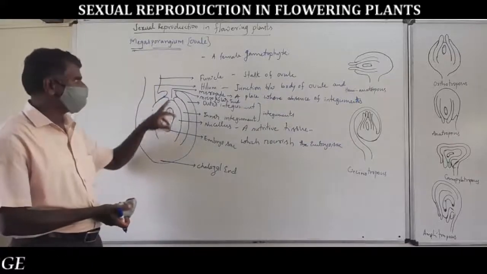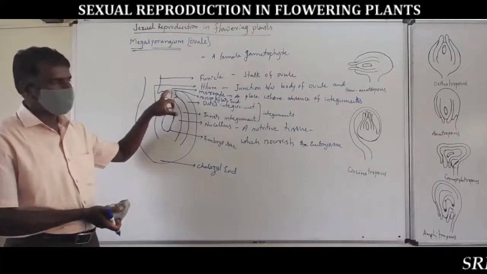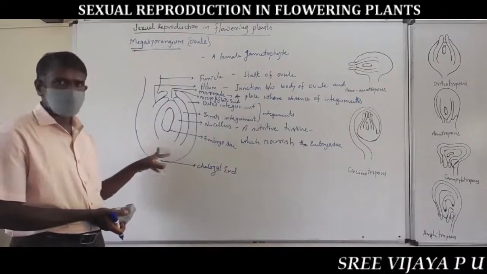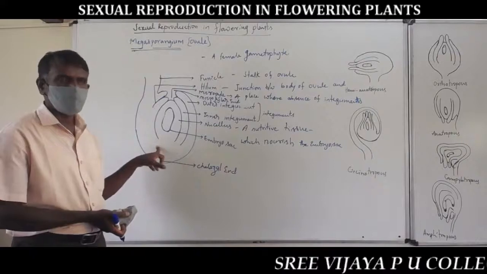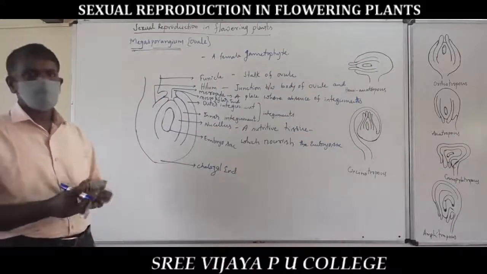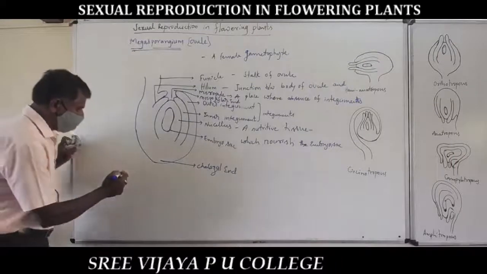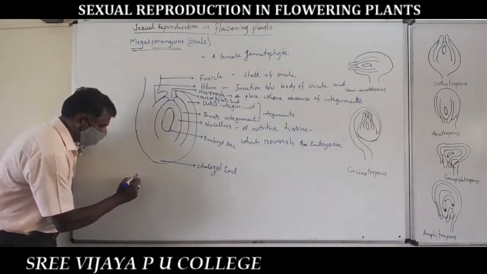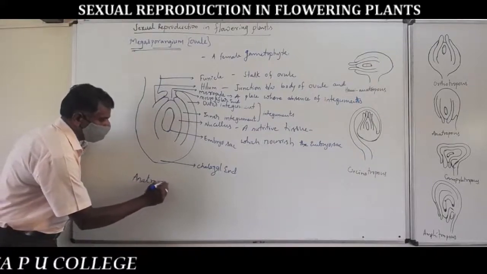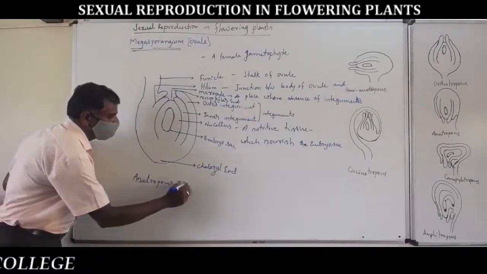It consists of 2 ends, that is the micropylar end and the chalazal end. Chalaza is the broad base of the ovule. So it is one type of anatropous ovule.